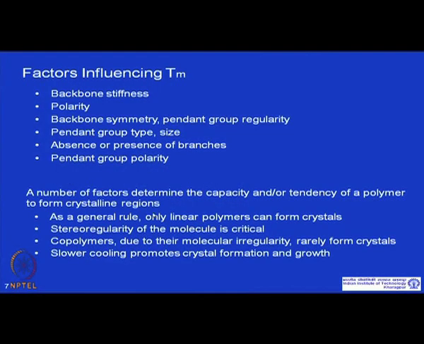If the pendant groups are not placed symmetrically, then the Tm goes down. So, as a general factor, we can say that only linear polymers can form crystals. If there are branches present in the polymer chain, it does not crystallize.